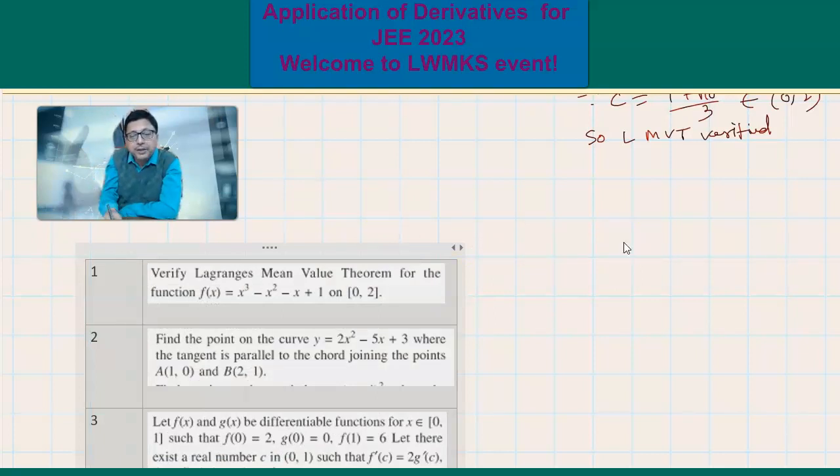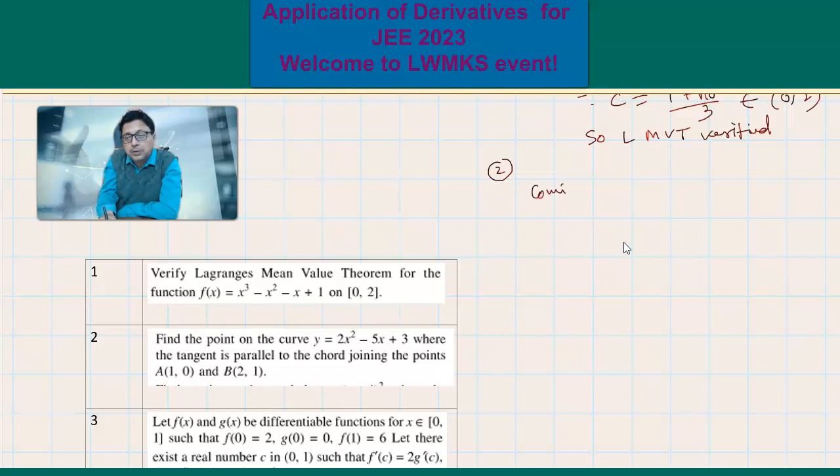So when you are going to do sum number 2, you need to consider the interval 1, 2. So we consider the function f(x) equal to 2x square minus 5x plus 3 in the interval 1, 2. You take it as a closed interval, this 1, 2.